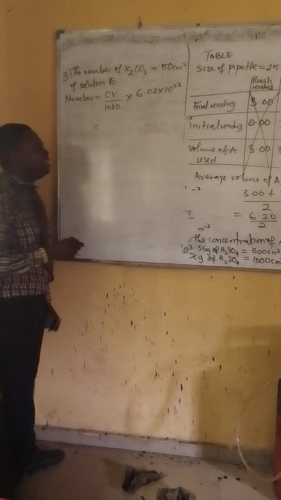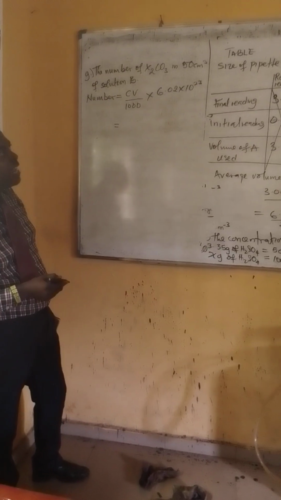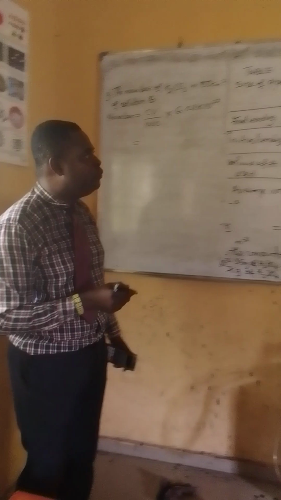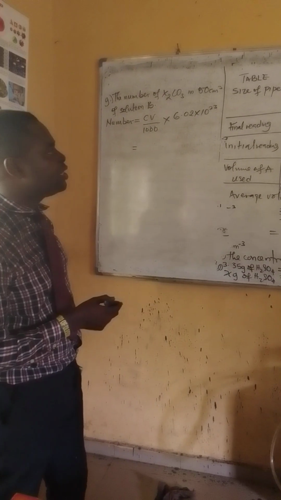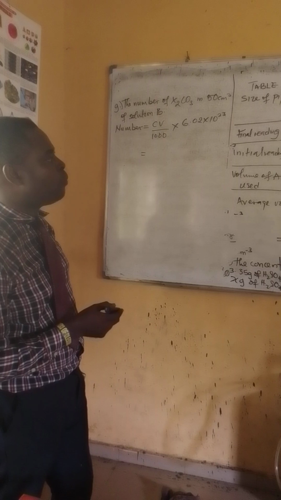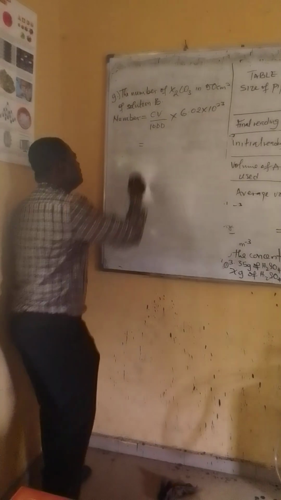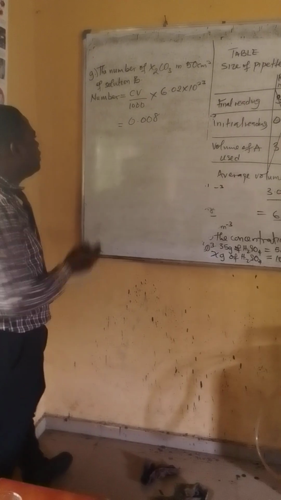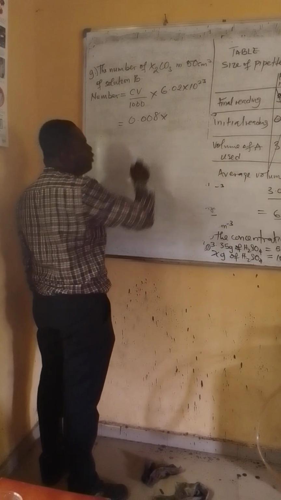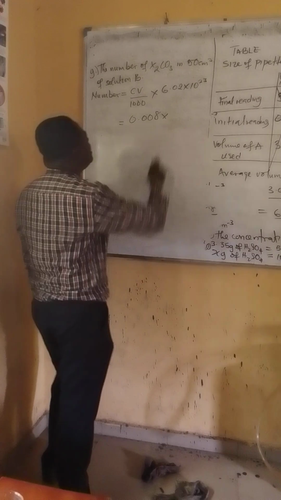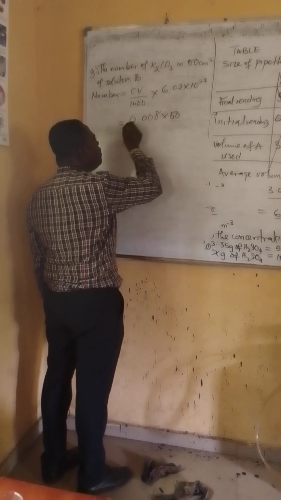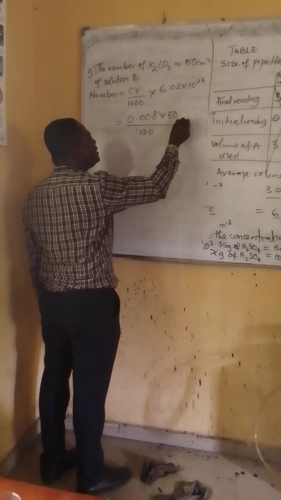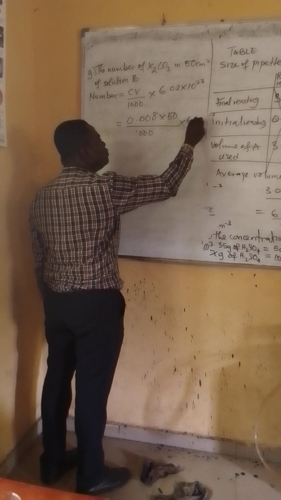Then our C is the concentration of B in mole per dm cube, the molar concentration of B, and that is 0.008. We calculated it before. Then times the volume given to us now. They say in 50 cm3, so times 50 over 1000. Then times 6.02 times 10 to the power 23.